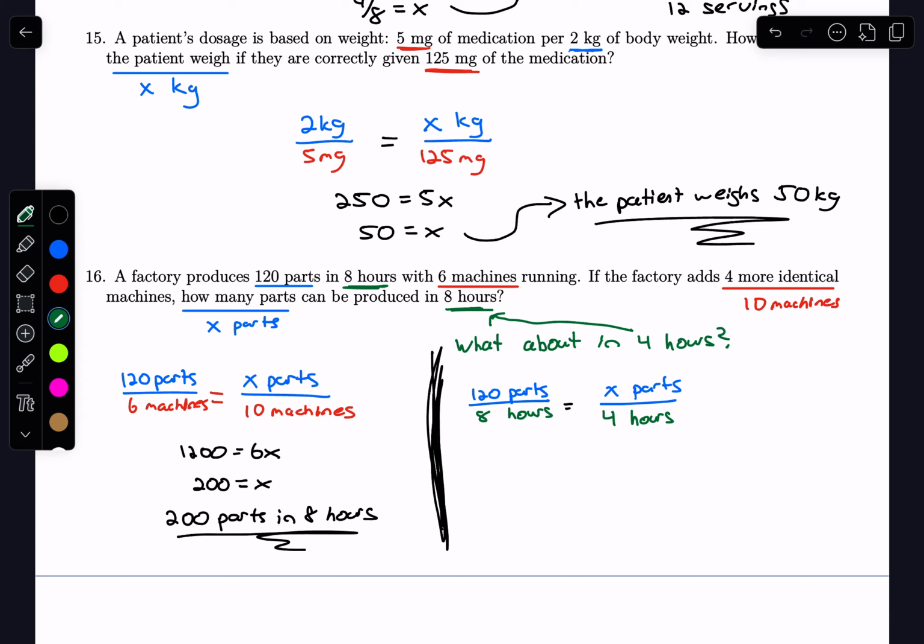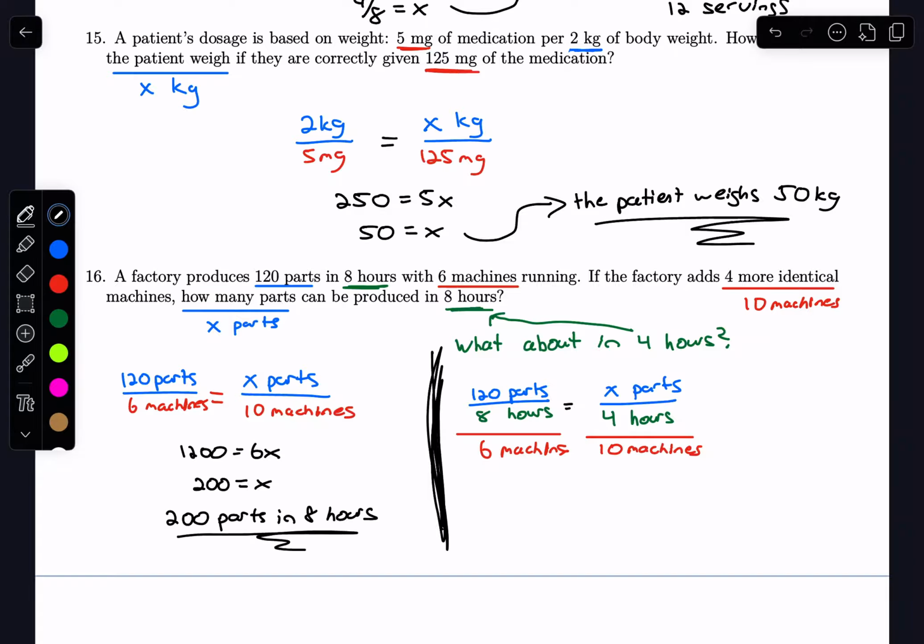We're changing the number of machines. So what I just wrote down is actually the numerator on both sides. And then we're going to divide this by the number of machines: 6 machines on the bottom of the left and 10 machines on the bottom of the right. So it's parts per hour per machine equals parts per hour per machine. Now watch what happens when we cross multiply.